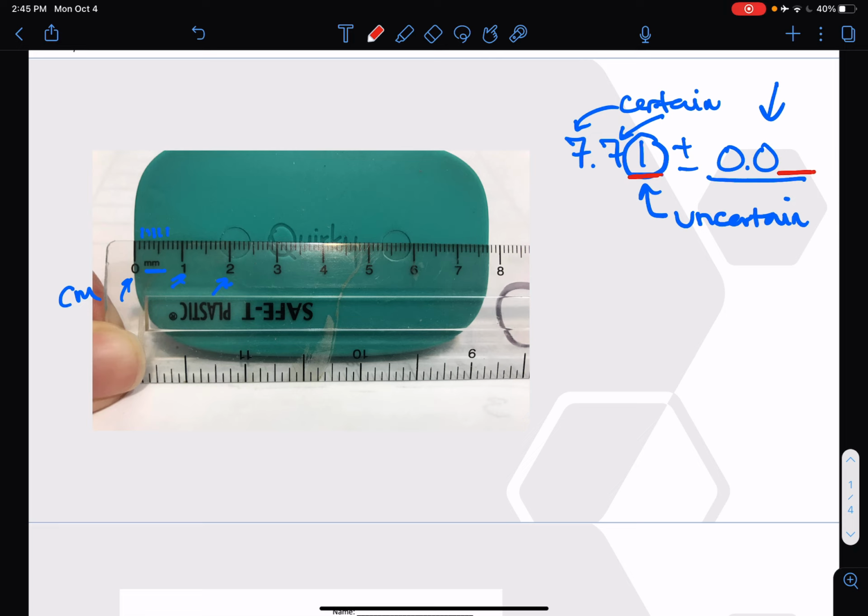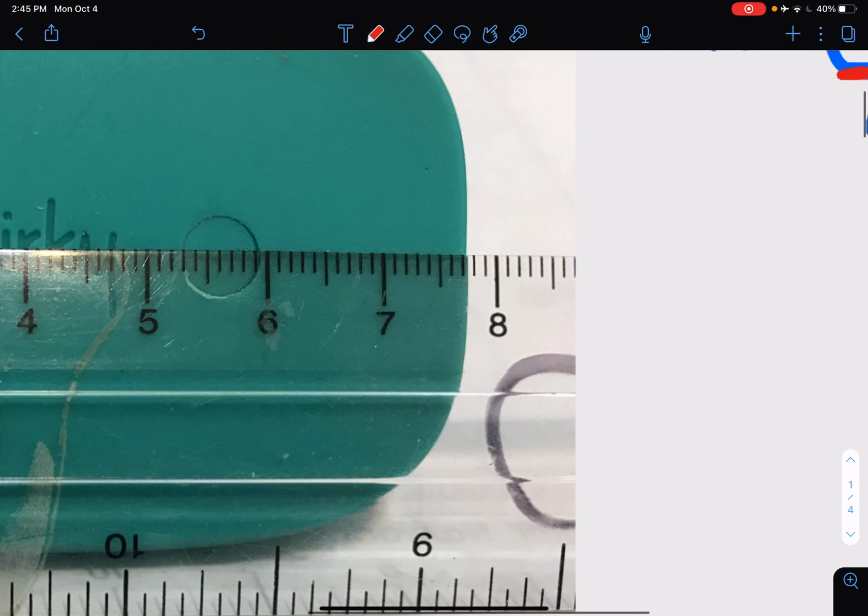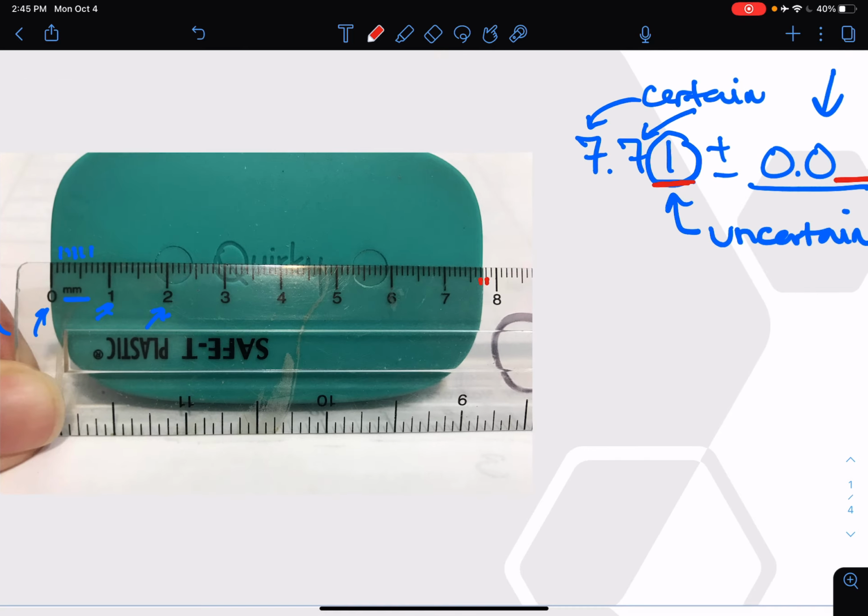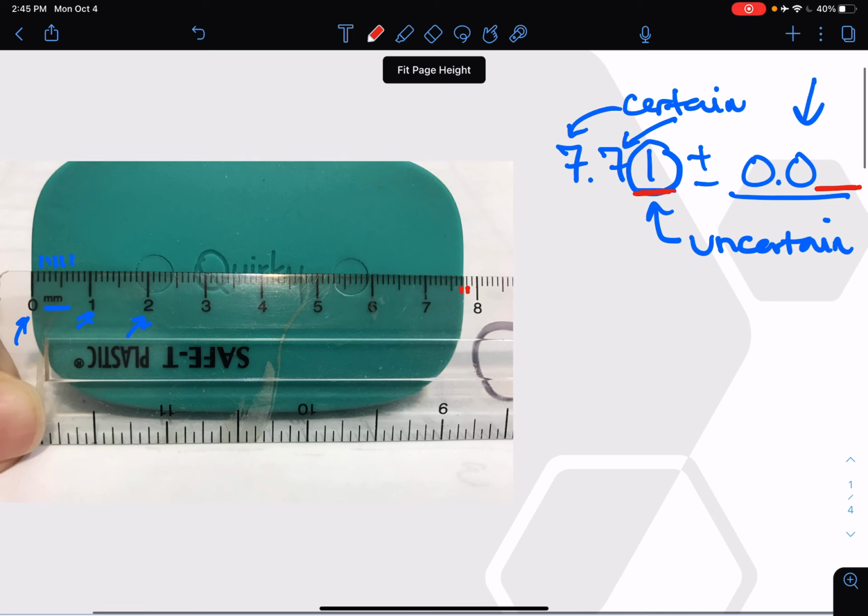Now, how we do this is you go ahead and you look at the space between 7 and 8. Okay, so we've got 7.7 and 7.8 right there. And notice in between those lines is a really tiny space. And it's tinier if we go ahead and zoom out like that and look at it how we would really be looking at it.